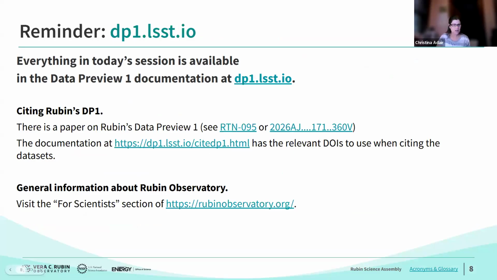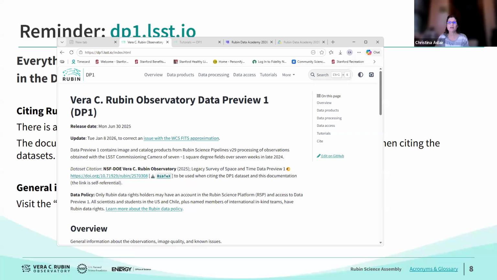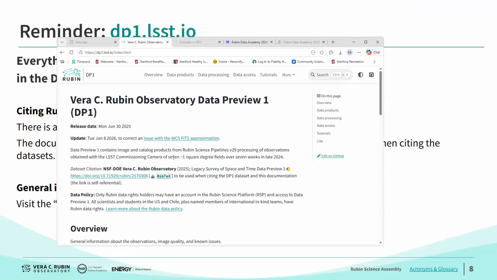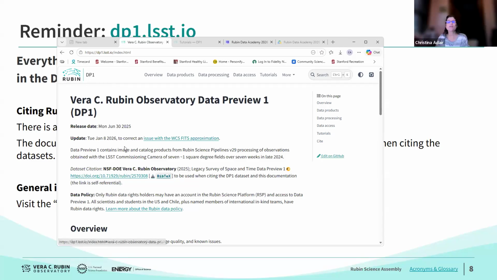All right, this is going to get you set up for all of the documentation associated with DP1. If you follow that link to dp1.lsst.io, you will see, and just to verify, Jeff, that you can see my second window that I just put on top of the slideshow or not? Yes. Oh, very good. All right, so this is our DP1 documentation.